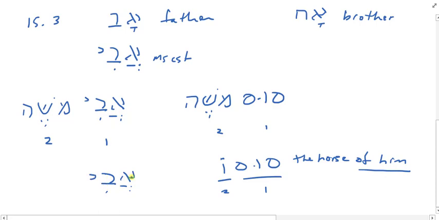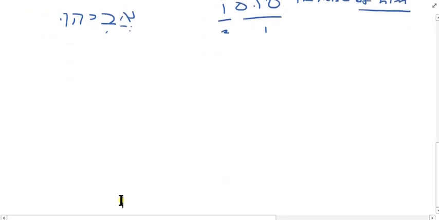I have two possibilities for my third masculine singular pronoun on father. It could either be avihu. Have you seen the form hu as a third person pronoun before? Yeah, our independent pronoun, right? Except it had an aleph at the end. So avihu, or I'm going to go ahead and use the compound shva here for now, I could just have a vav at the end, which you've also seen for the 3ms pronoun when we add it to plural nouns. Now look here, my accent is on the bet in both cases. It's avihu and aviv.